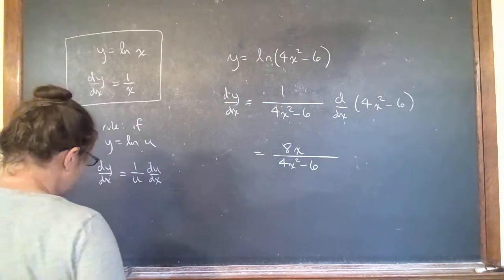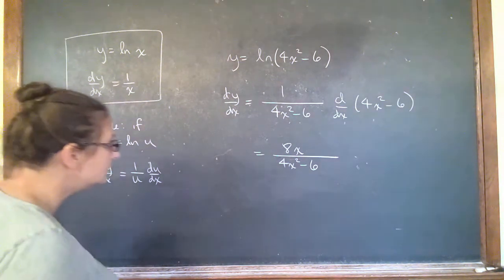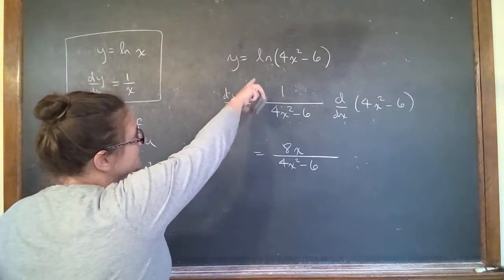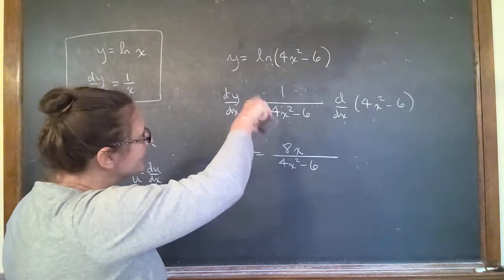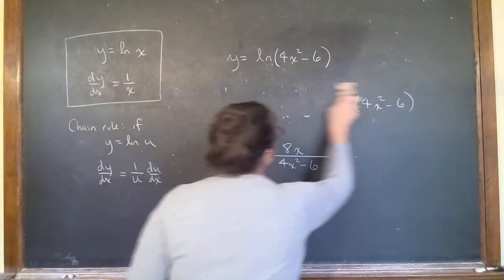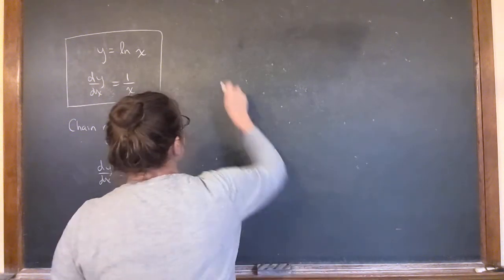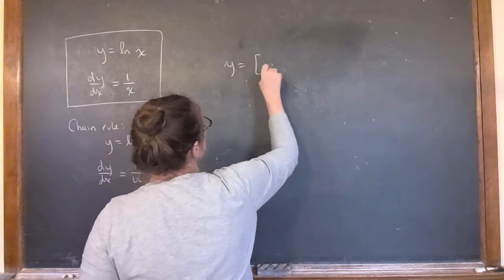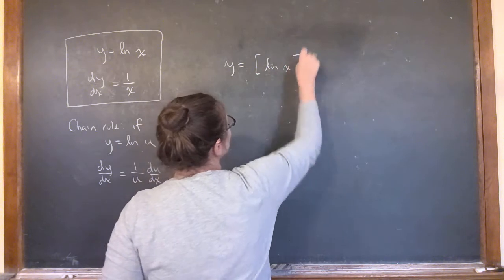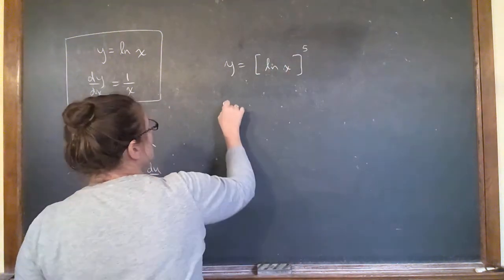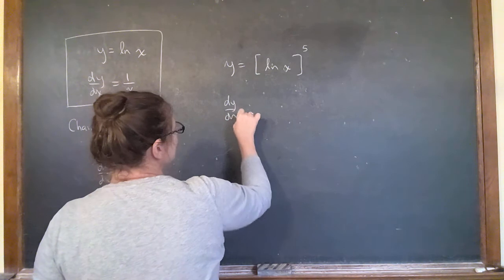In contrast, let's be careful. Here, of course, it's natural log of u. The inside function is the u. If I have something like natural log of x to the 5th, then my outside function is the power.